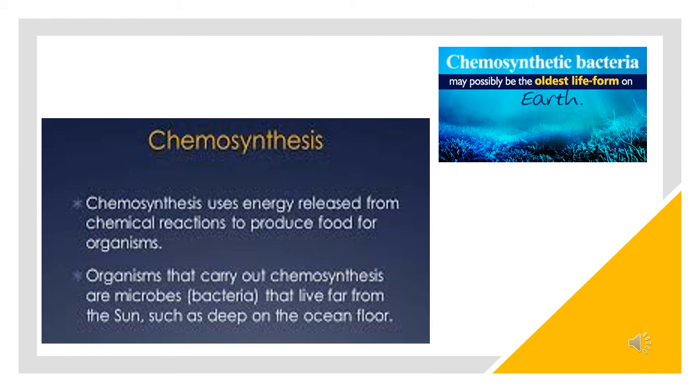Therefore, they prepare their food with the help of this method known as chemosynthesis. This is just for your information. Okay. It is also found that chemosynthetic bacteria were one of the oldest life forms on Earth.